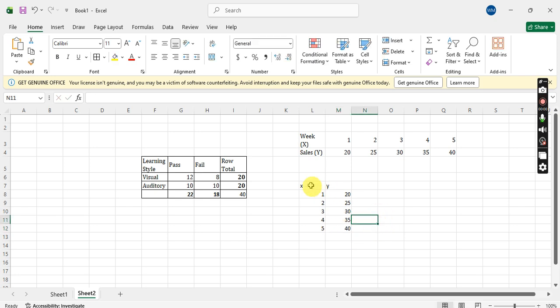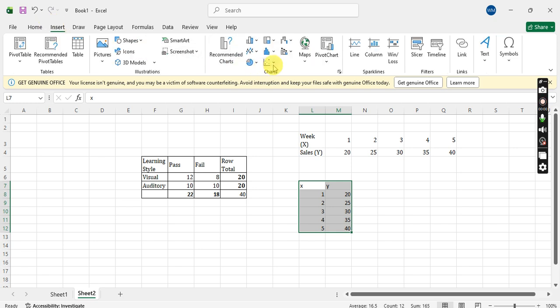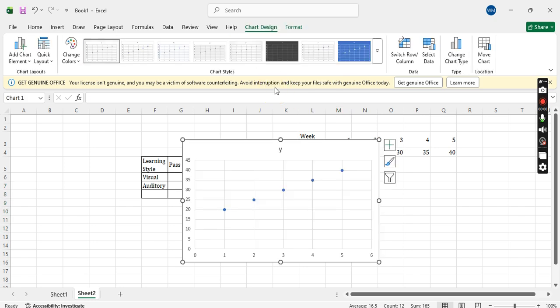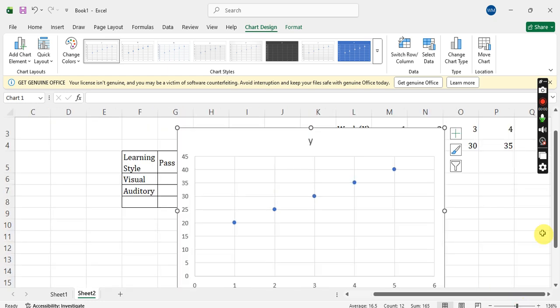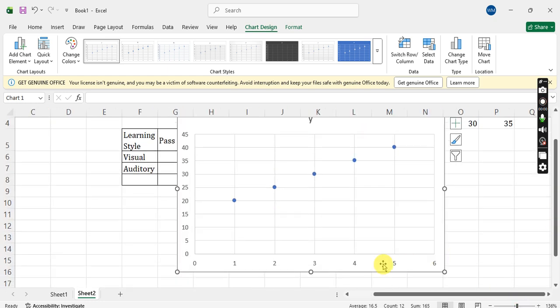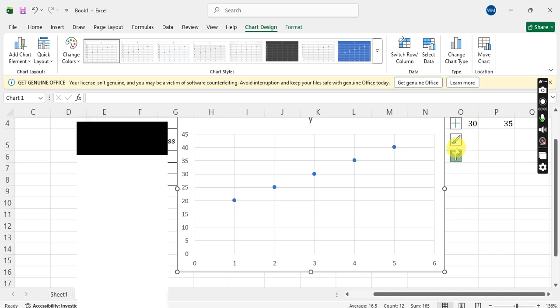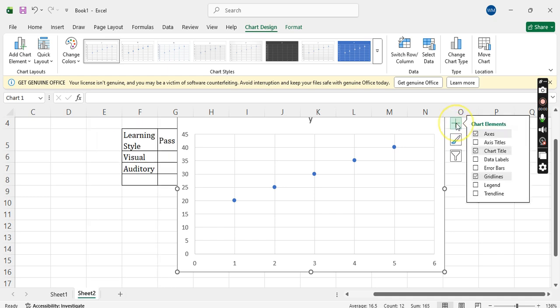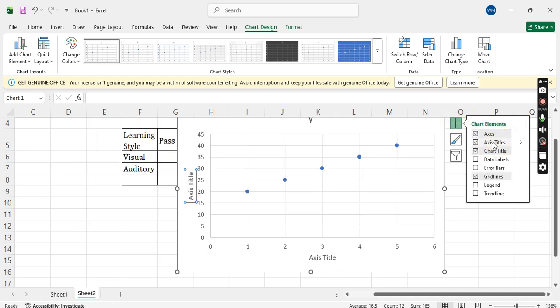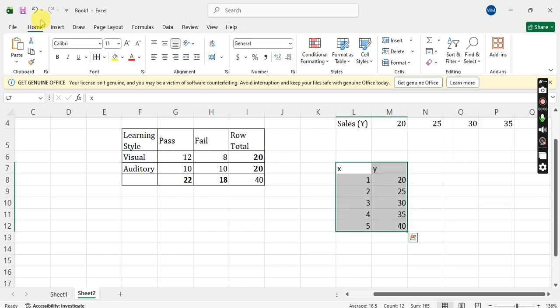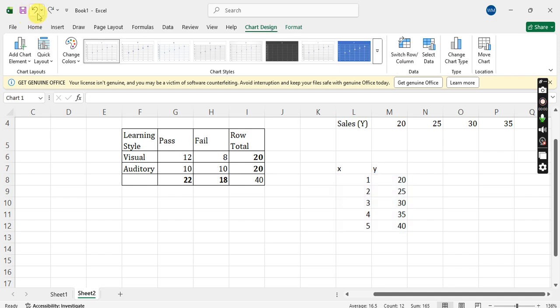Okay, so if we plot this on a scatter plot, here, on our x-axis, as you can see, we have the weeks. And on the y-axis, we have the sales.